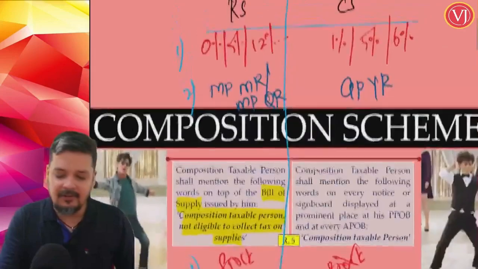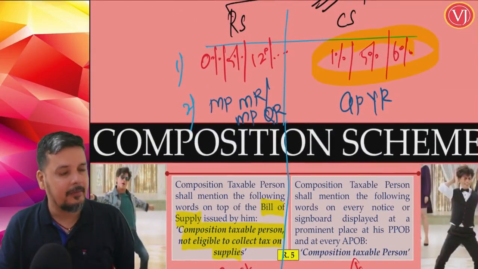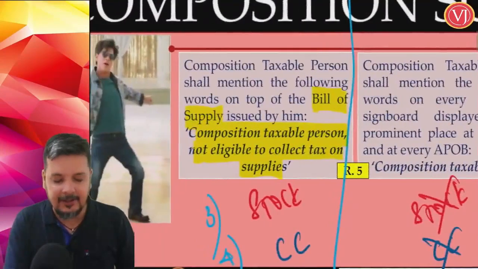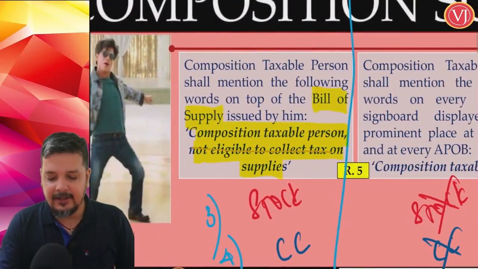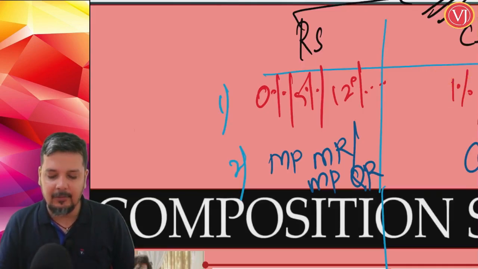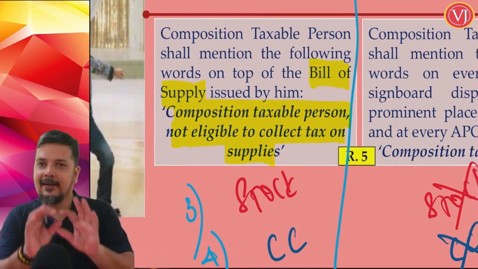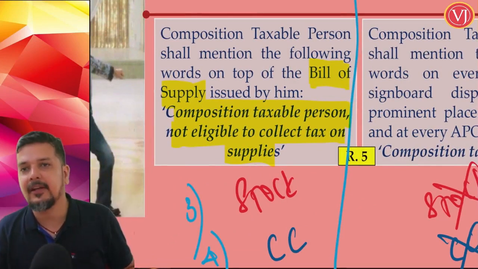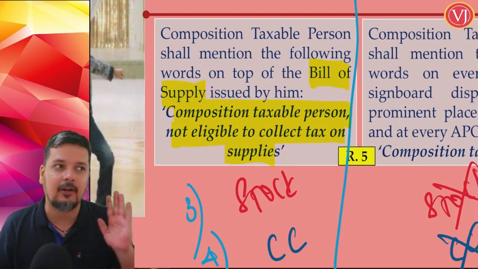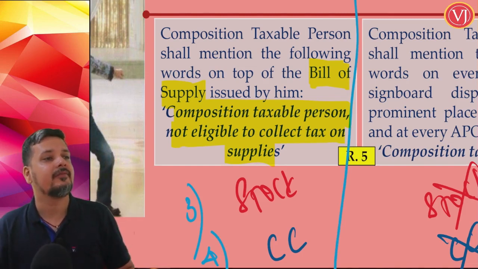A composition scheme dealer is going to pay 1, 5 or 6%, but he cannot collect any tax. And when he cannot collect any tax, what is the document that he'll give? He'll give a bill of supply. He'll write on this bill of supply that I am a composition taxable person, I cannot collect tax. A regular scheme dealer will give what document?